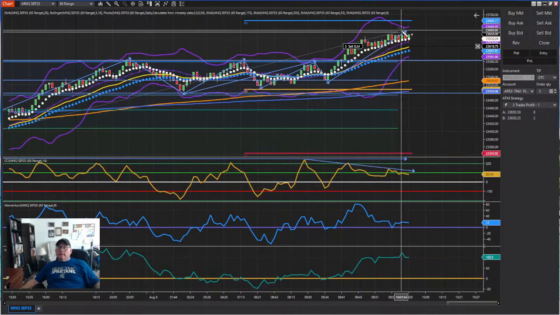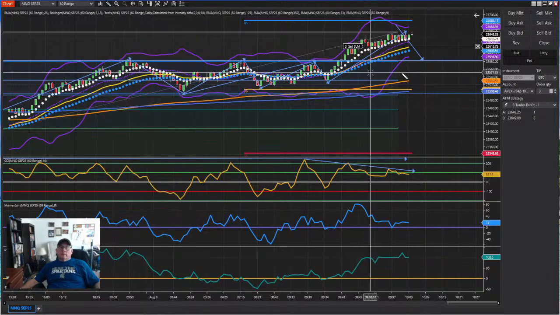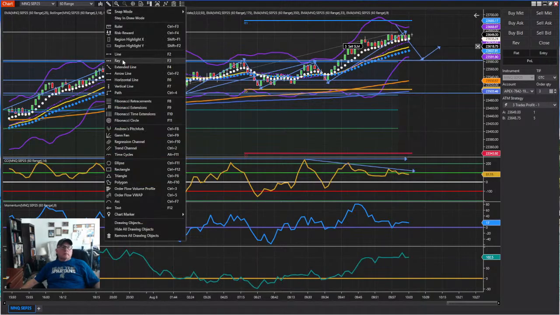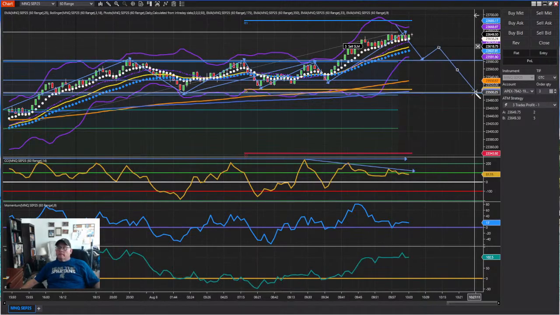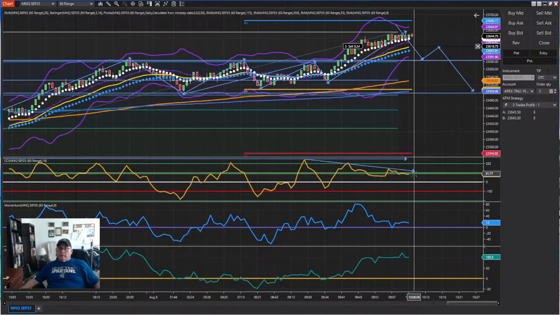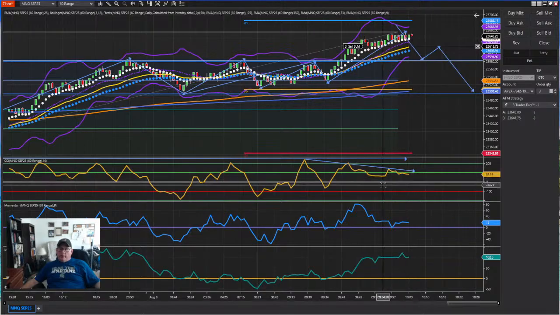Basically, something like this. Current market conditions, obviously. If this CCI comes up here, then this is going to negate this kind of thought process I got going right now.